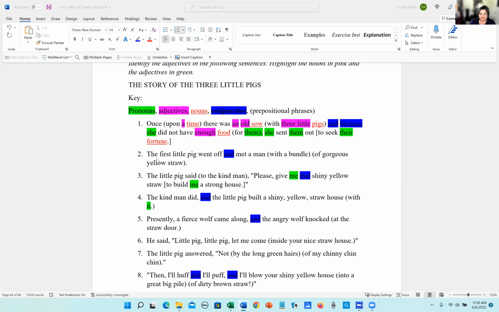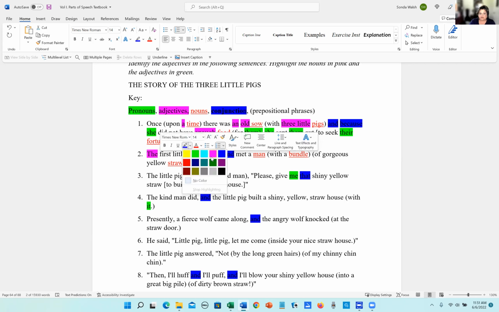And let's begin by identifying our nouns. So pig is a noun. A man, not a man, man is a noun. This has to be a noun because it's the object of a preposition. And straw. So once we've identified our nouns, we go and identify our articles.